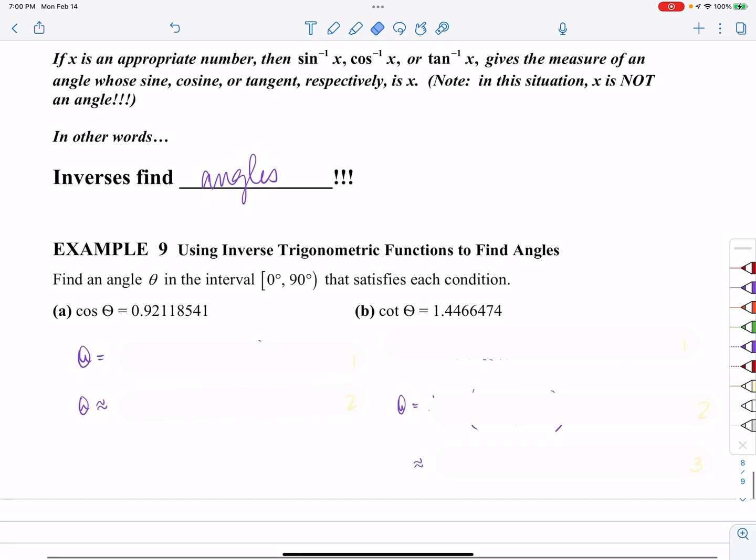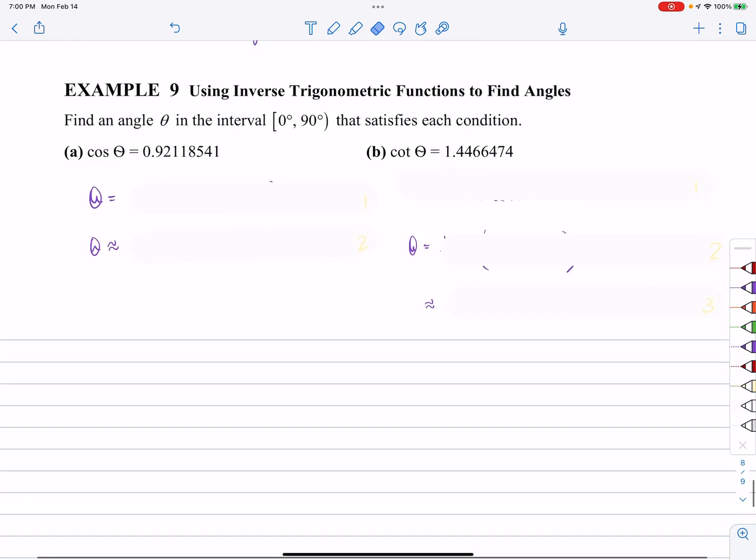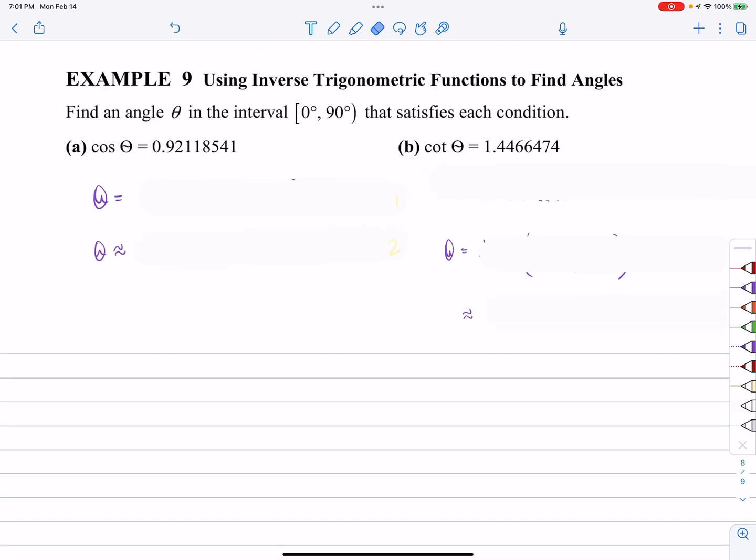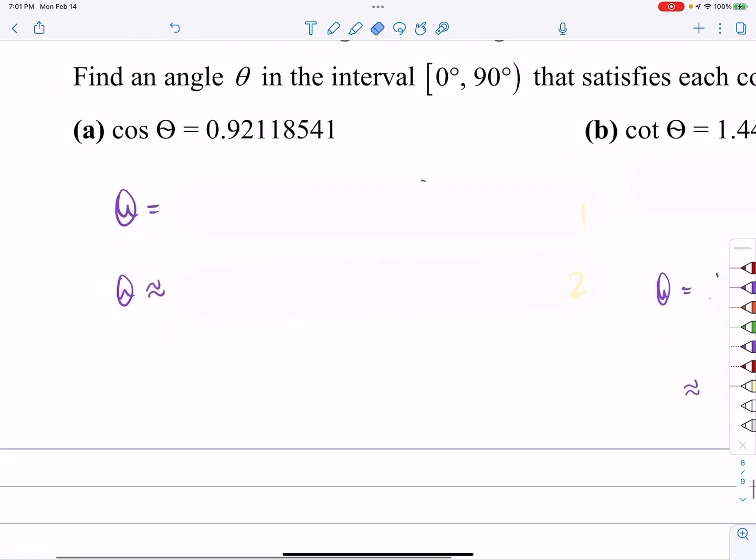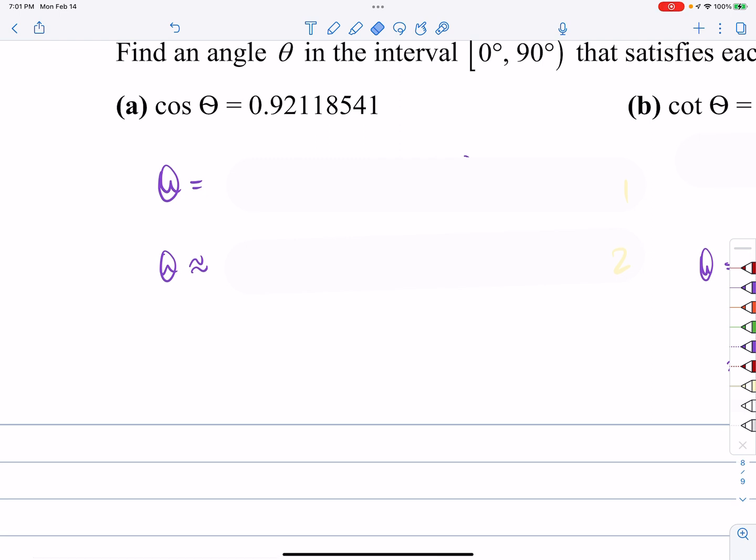So if we go down to example number 9, we're asked to find an angle. Since this is a calculator question, we're going to be using inverses. So find an angle from 0 to 90 degrees that satisfies the following condition. Notice in part A, I have the cosine of my theta is equal to some long drawn out decimal.